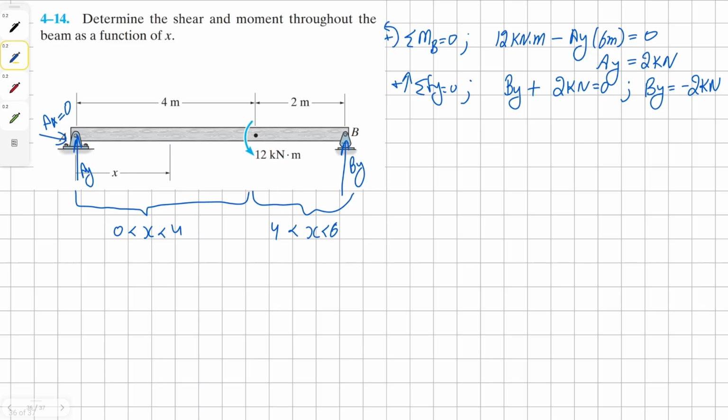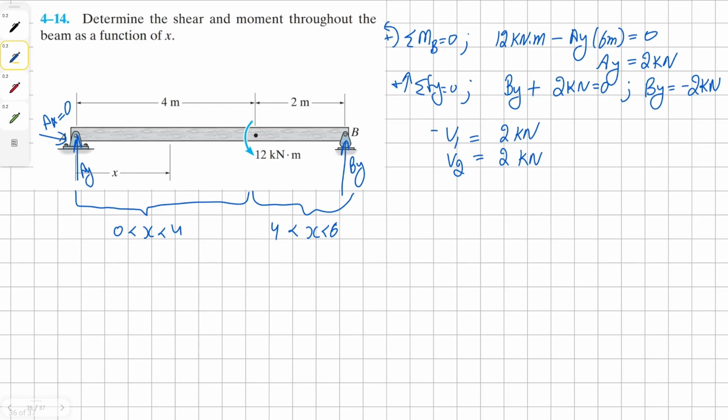Now our shear for region 1 is simply going to be the integral of our initial value, you can say, which is 2 kilonewton, and this is for region 1. So our shear for region 2 will be 2 as well, because there isn't any other change.